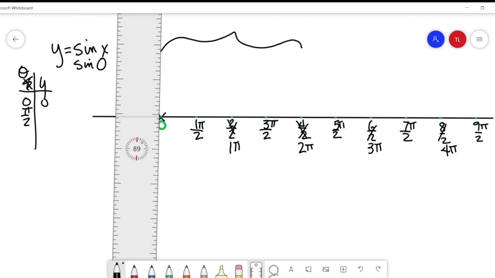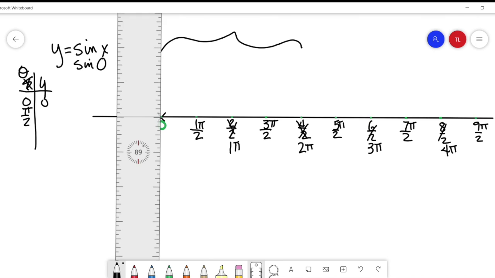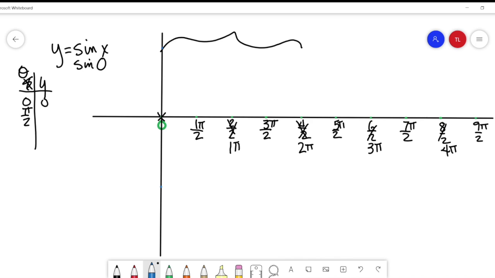And let's use 2 of these for 1. Okay? So I'm going to match out about right there. Okay? Now, so what did you tell me it was again?